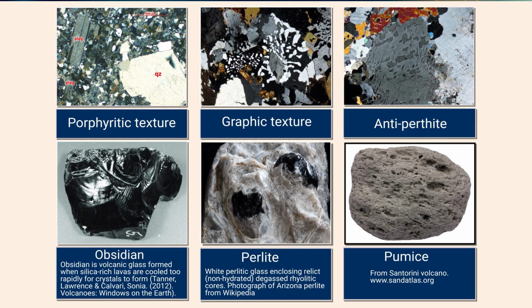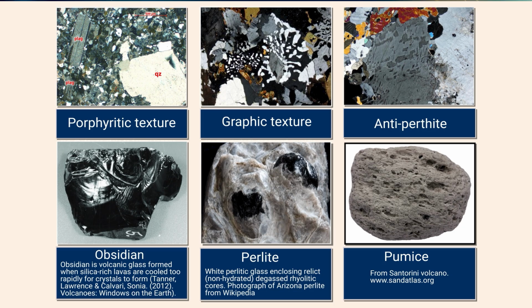We have obsidian, where you can see the cuspate fractures. These are also known as conchoidal fractures. It is a volcanic glass formed from silica rich lavas that have cooled very rapidly; as a result, there is no formation of crystals. Then we have the perlite. This is the white perlitic glass, which is non-hydrated and degassed, with these non-hydrated degassed rhyolitic cores.